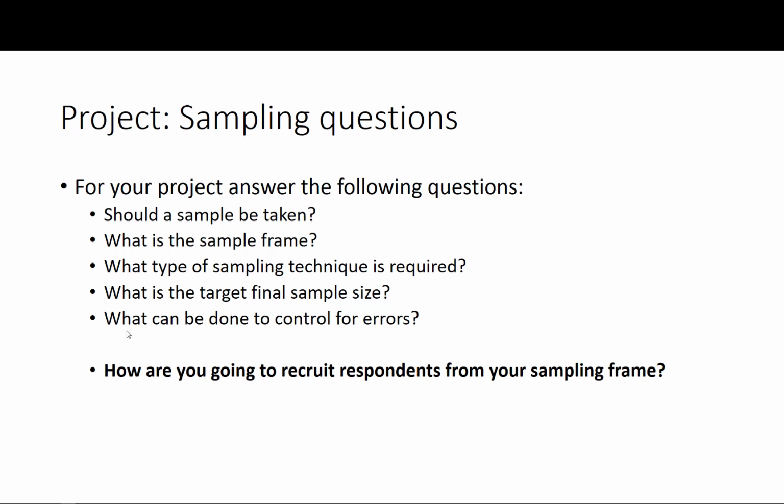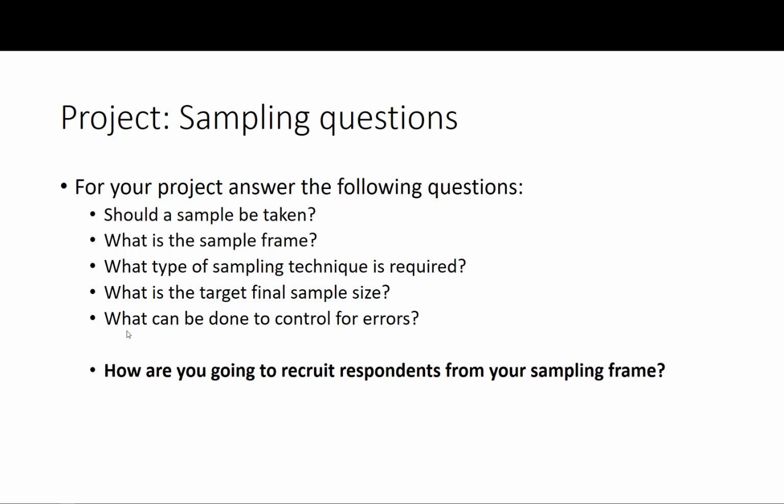In doing all of this, you also need to consider how you're going to recruit respondents for your sampling frame. So are you going to be going through the white pages and phoning people? Are you going to email them? Are you going to be contacting people via social media?